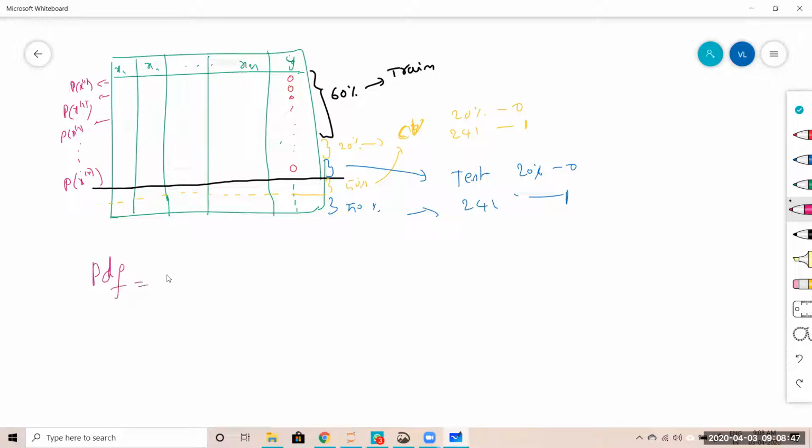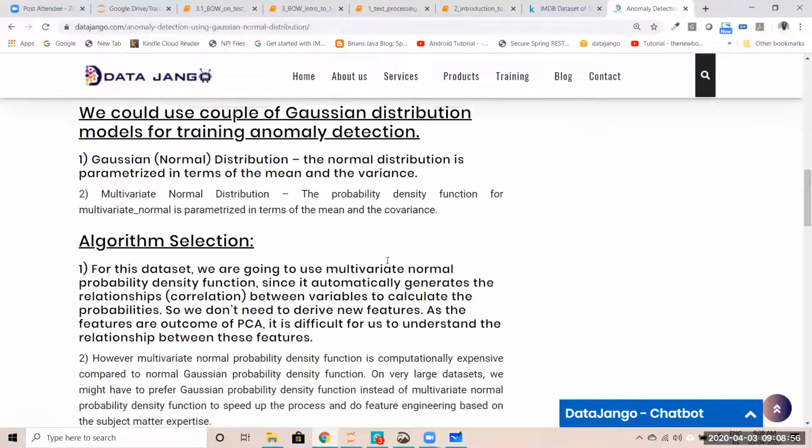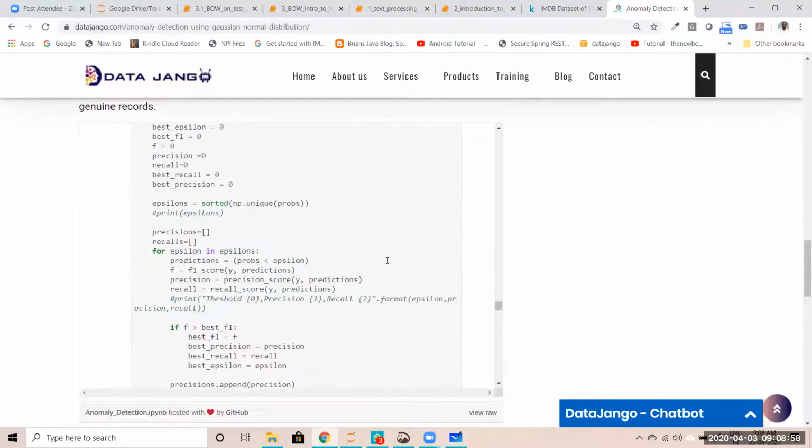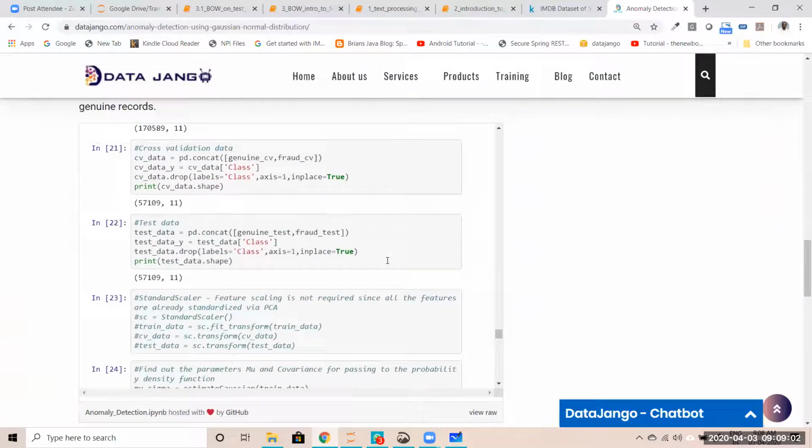PDF of normal distribution is 1 by 2 sigma. Some formula is there. Let me look at that. I forgot the formula. Estimate Gaussian.